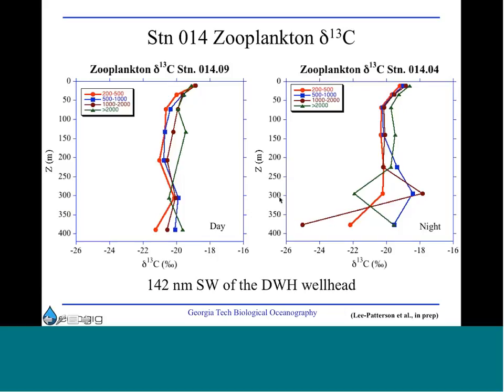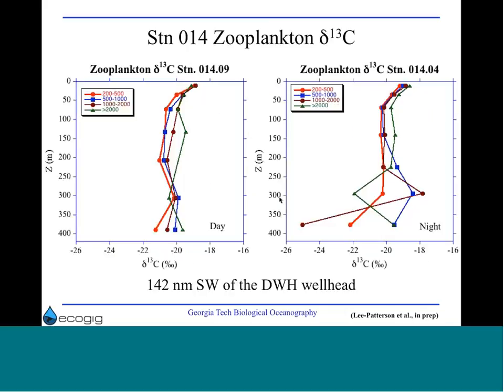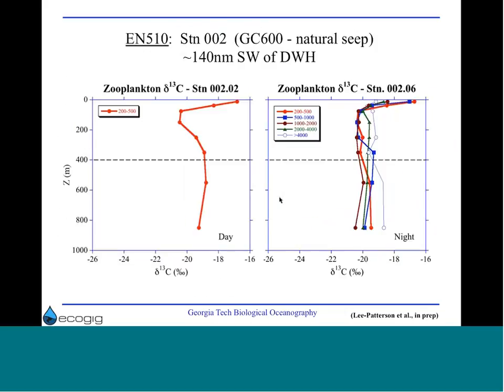Now, this station turns out to be in a really interesting location. It's close to a major seep, and it's an area that we've sampled repeatedly. If we look at what happened a couple of years later, so this is in 2012, at the very same location as this station, here we're able to sample much deeper in the water column.